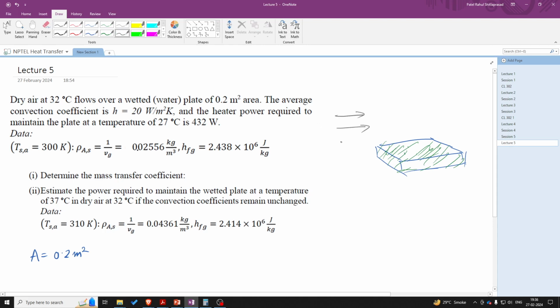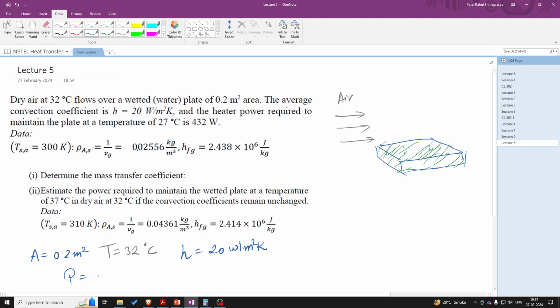The average convection coefficient is given as 20 watt per meter square Kelvin. The heater power required to maintain the plate at a temperature of 27 degrees Celsius is 432 watt.